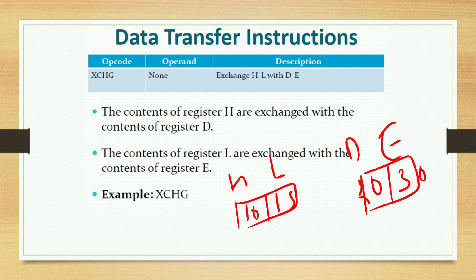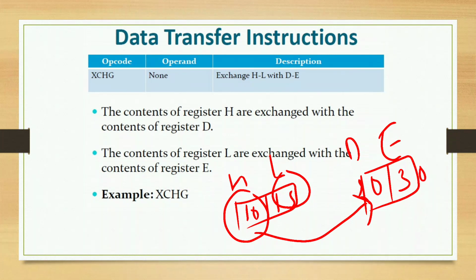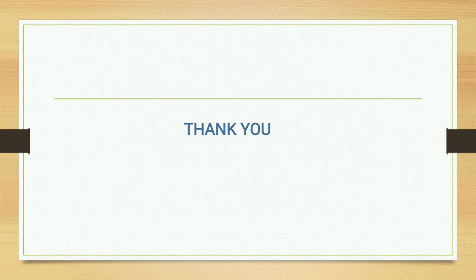The content of register H, that is 10, is exchanged with the content of the D register, and the content of L, that is 15, is exchanged with the E register, that is 30. Thank you.